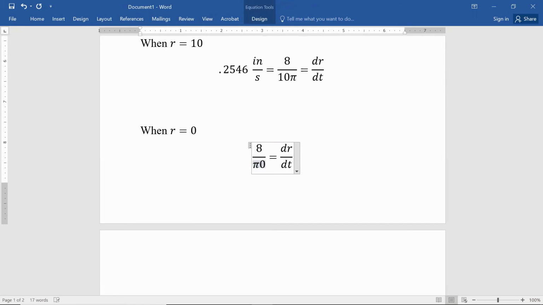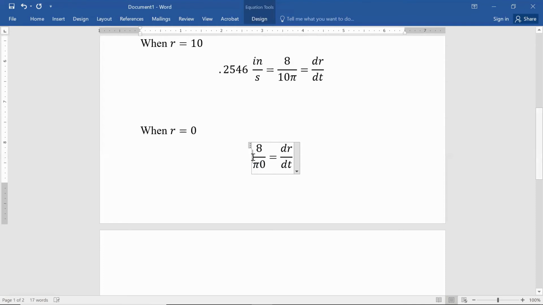You could take a limit as the radius gets closer to 0, and you would get a limit which forces this thing to be infinite.